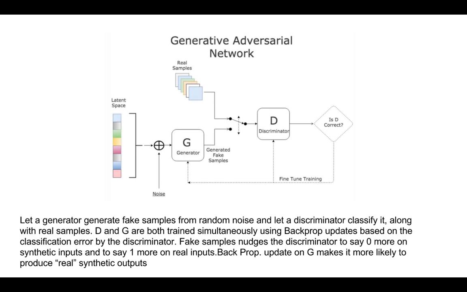Fake samples nudge the discriminator to say 0 more on synthetic inputs and say 1 more on real inputs. The backprop update on the generator makes it more likely to produce real-looking synthetic inputs.